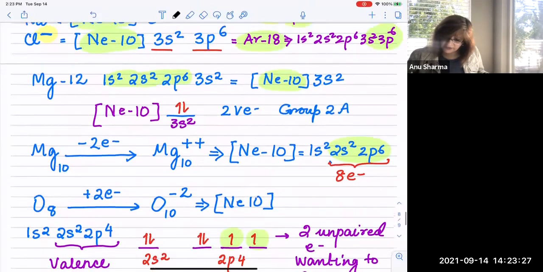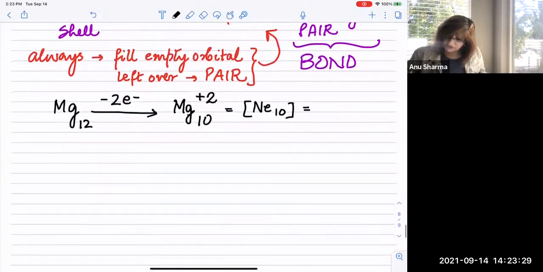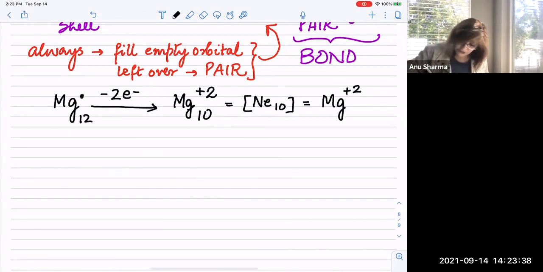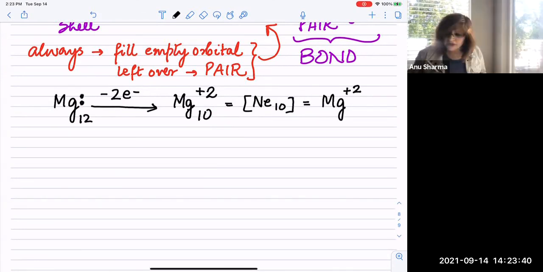We discussed that. And then, this is magnesium +2. These are the 2 electrons it got rid of. So then it has the 8 electrons. So magnesium +2. So we got that one.